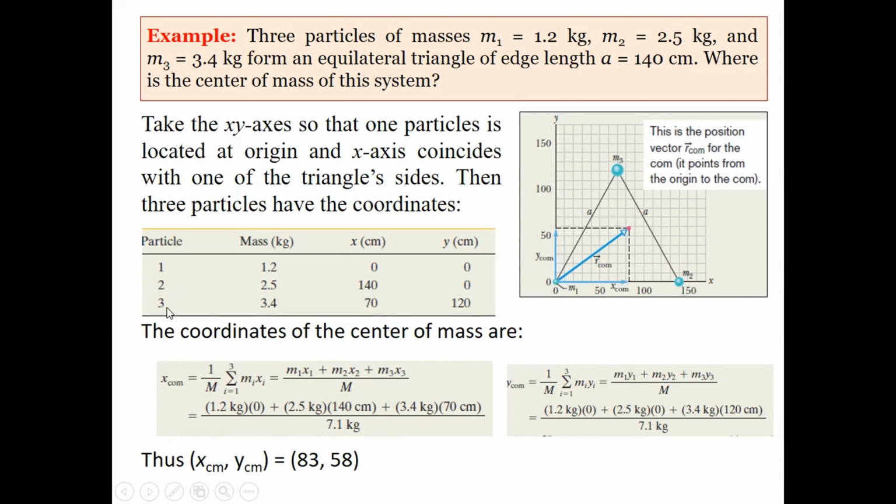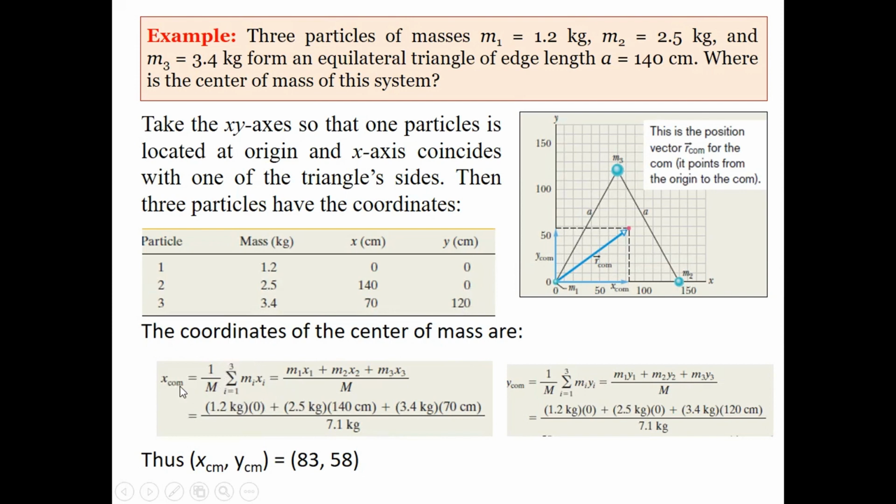Here, particles 1, 2, and 3 with the masses 1.2, 2.5, and 3.4 kg are shown, and their respective x coordinates 0, 140, and 70 centimeters are shown, and y coordinates 0, 0, and 120 are also shown. Then the coordinates of the center of mass can be calculated with the help of these weighted values.